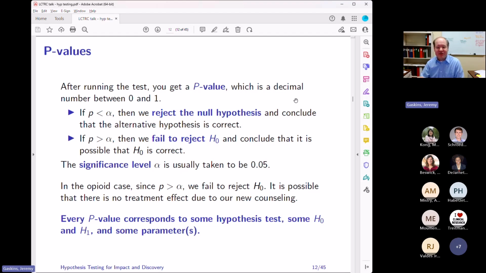And is that a meaningful hypothesis test? Are the hypotheses that correspond to that p-value actually meaningful and things that I want to actually be testing? So again, every p-value corresponds to some hypothesis test, some set of hypotheses, and some parameters.